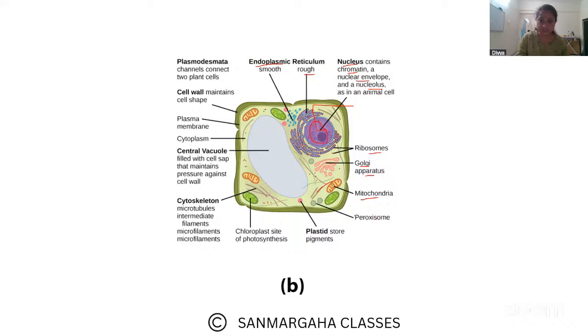Then peroxisomes are also present. And here cytoskeleton is also present, that is microtubules, microfilaments, everything is present here. Vacuole is also present. Okay, and plasma membrane is also present. What is extra present here?